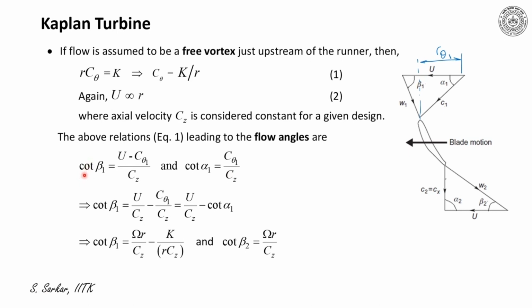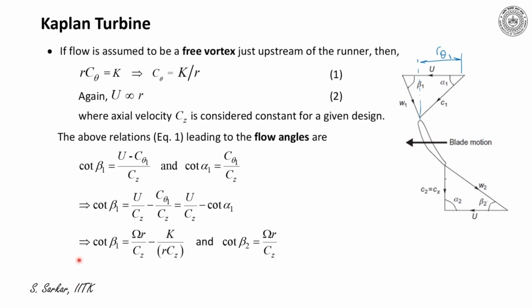Now I can write cot beta 1 is equal to U by Cz minus C theta 1 by Cz, that is equal to U by Cz minus cot alpha 1. Thus, cot beta 1 can also be related to cot alpha 1.